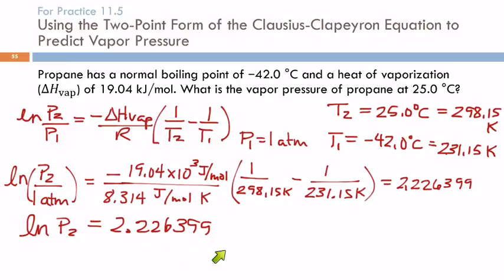So we can't divide by natural log because it's a function. We need to do the opposite function. When we use multiplying, we do the opposite by dividing. Adding, we do the opposite by subtracting. Here we need to do the opposite of natural log. The opposite of natural log is e to the x. So we take e to the x of both sides, and that gives us P2 equals e to the 2.226399.